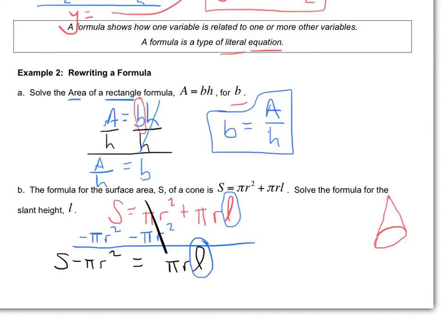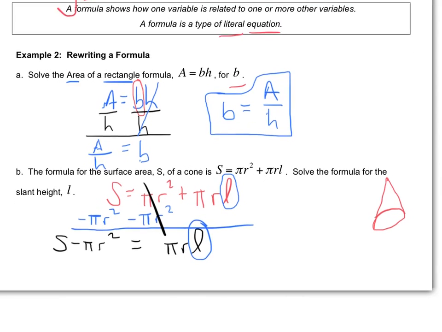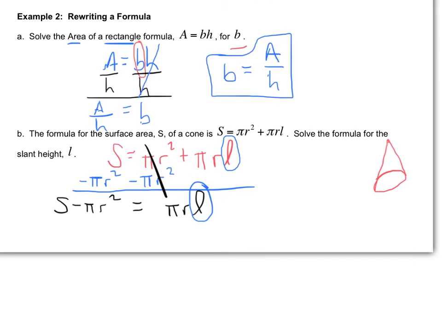Again, remember we're trying to solve for the L. So now I see two things being multiplied by the L. So really what I need to do is divide by the two things, the pi and the r, to move it away. Dividing both sides by pi r.